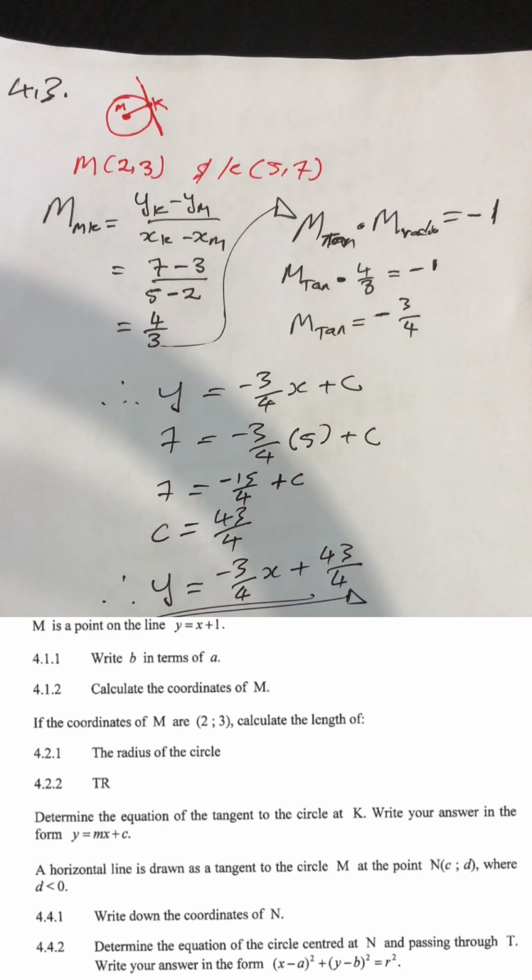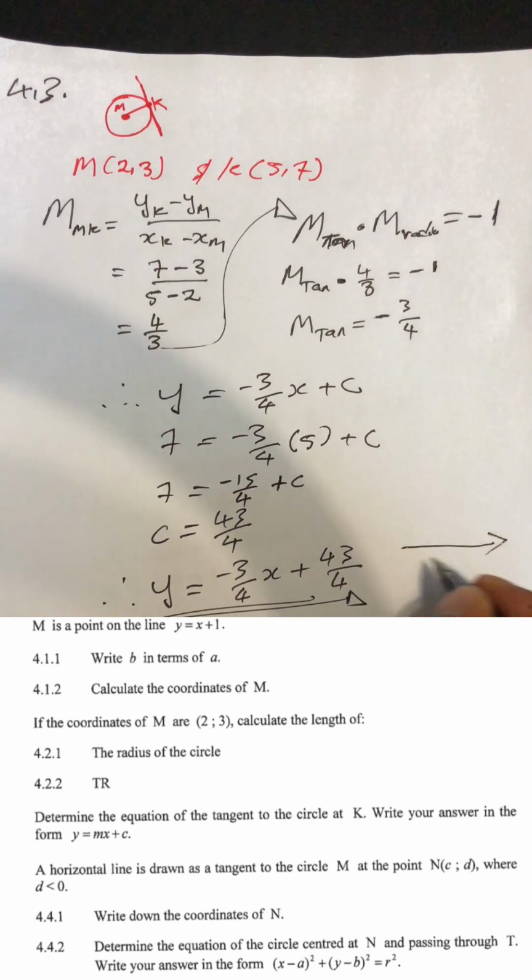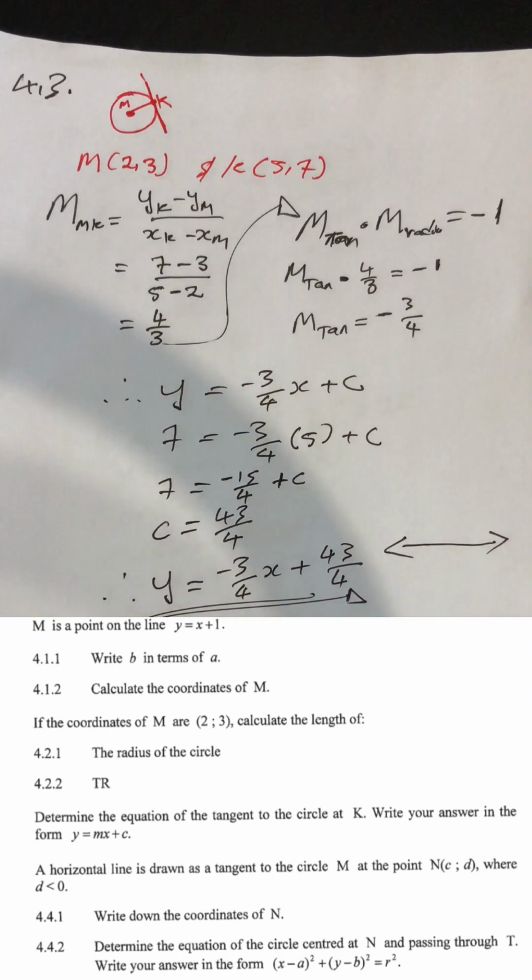The horizontal line. Now they are saying the horizontal line is drawn as a tangent to the circle M at the point N, which is (c;d), where d is a negative number.